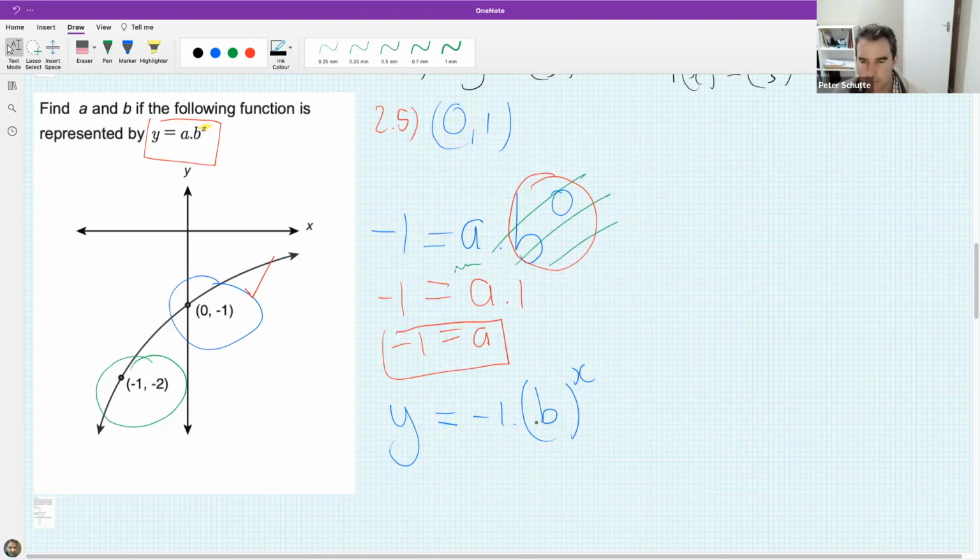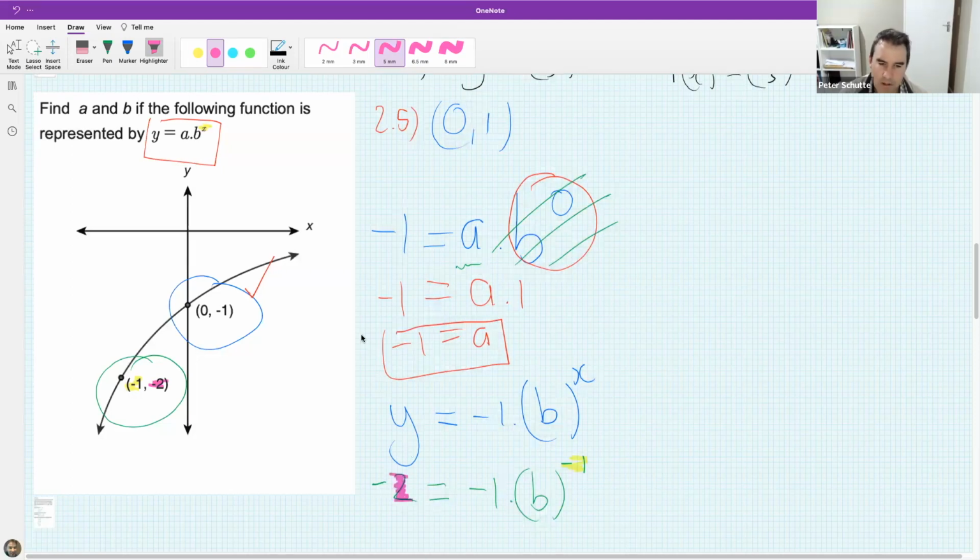Now, what's b going to be? I suppose I should just sub in the same way I did last time, like minus 2 is this, and then there's b in a bracket, and I've got minus 1, because I've got my x over here and I've got my y over here.